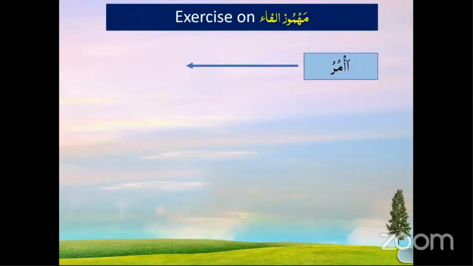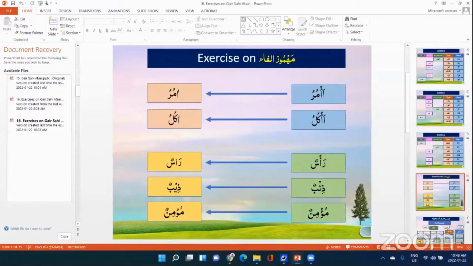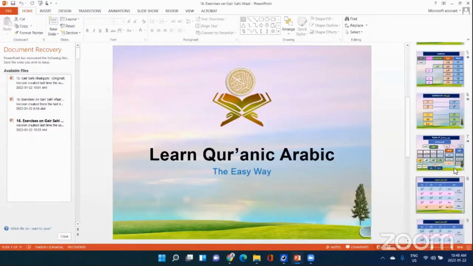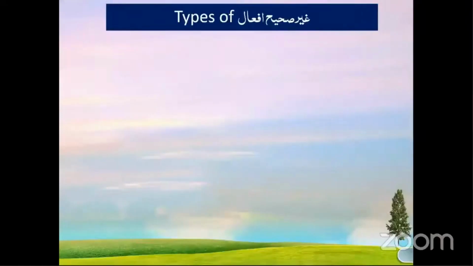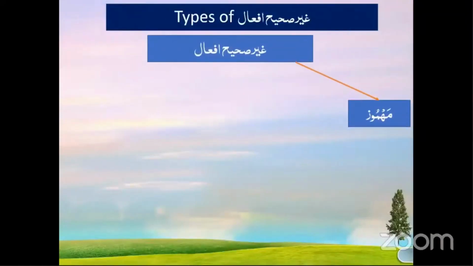Okay, now, this is from the last class. So let's go back one more time and look at this table, and try to focus one more time. It will make more sense now. So we have Mahmuz. As soon as we see Mahmuz, what should come to mind? That it has to do with Hamza. Mahmuz is from Hamza, right?